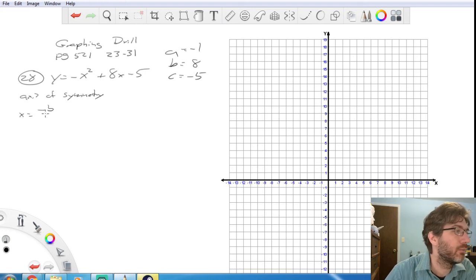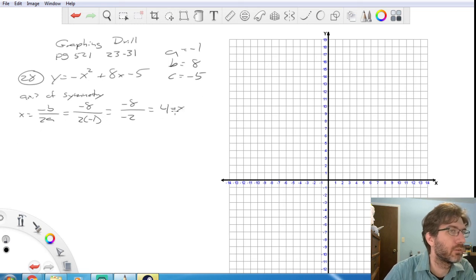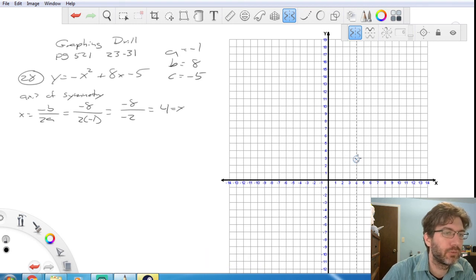X equals negative b over 2a. So that is negative b is negative 8. 2 times negative 1. This equals negative 8 over negative 2, which equals 4. So the line of symmetry is at 4. X equals 4. So it's right there.